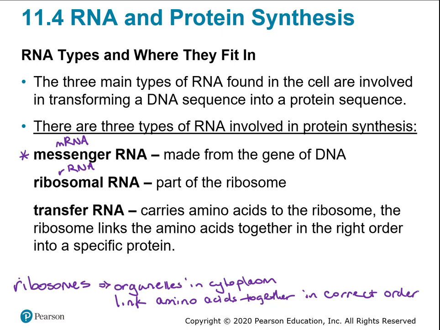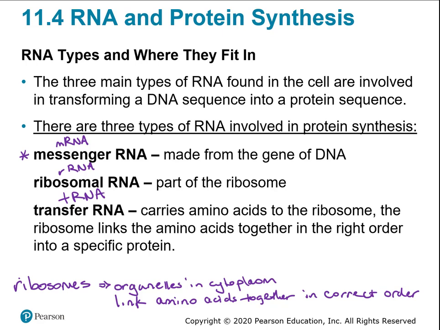Then the third kind of RNA is the RNA that is responsible for bringing amino acids to the ribosome. So if the ribosome's got to link amino acids together, where do they come from? They don't just randomly float by. There's actually an RNA form that specifically brings them into the ribosome, and they called them transfer RNAs or tRNAs.